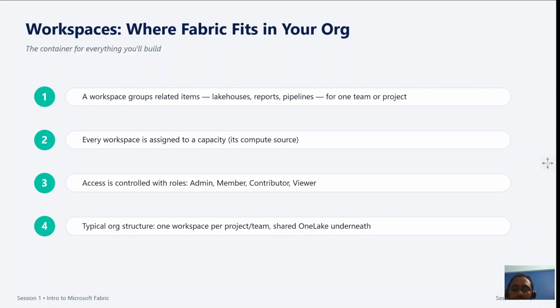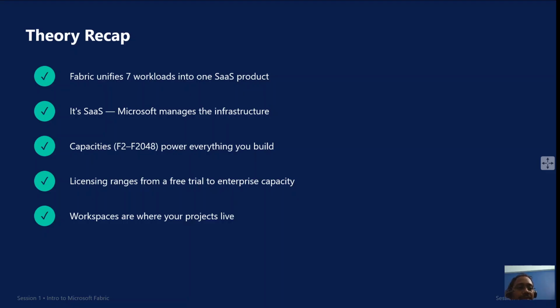Okay, so coming to the theory recap, we discussed that Fabric unifies 7 different workloads into one SaaS product, software as a service. We discussed SaaS, PaaS, and IaaS. With SaaS, Microsoft manages the infrastructure and everything for you.